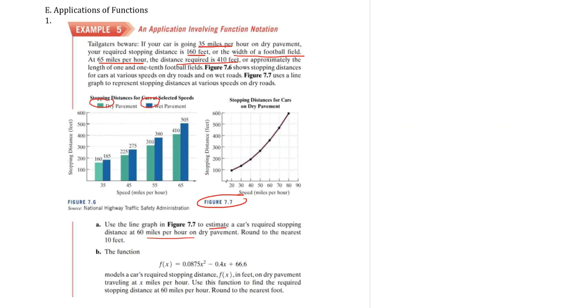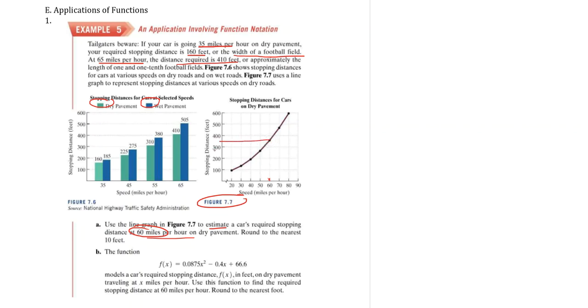So to read this properly, we want to go to the correct 60 miles per hour, which is on the x-axis, and then we want to go up and find a point that's on the graph, and then go over to the y-axis to estimate where that could be. So I'll try to do that again just to get it a little bit more on there.